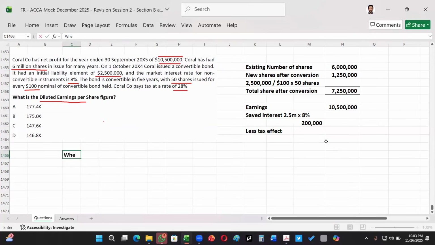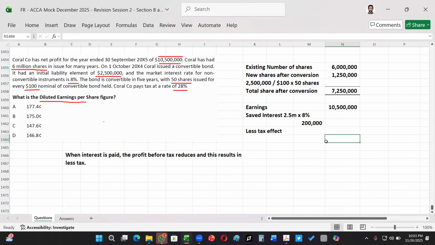Okay. When interest is paid, this is not technical, but if you follow it, it is going to be very easy to understand. When interest is paid, the profit before tax reduces, and this results in less tax. Okay, agreed. This is simple, because whenever we pay interest, the profit before tax is a reduced figure because the interest is deducted, and this results in less tax.